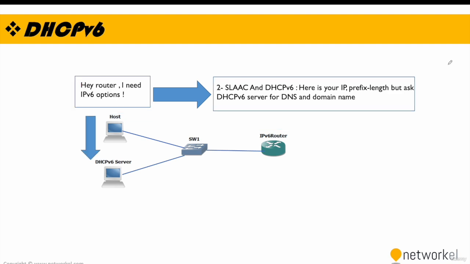And also, if the option is SLAAC and DHCP version 6, the answer coming from the router gives some IP address and prefix length to the client, but for the rest it is directing the IP version 6 host to the DHCP version 6 server.